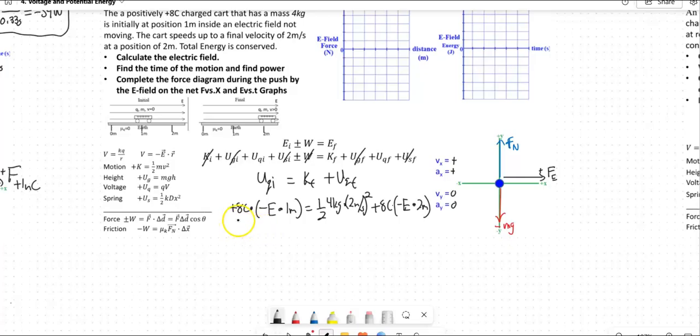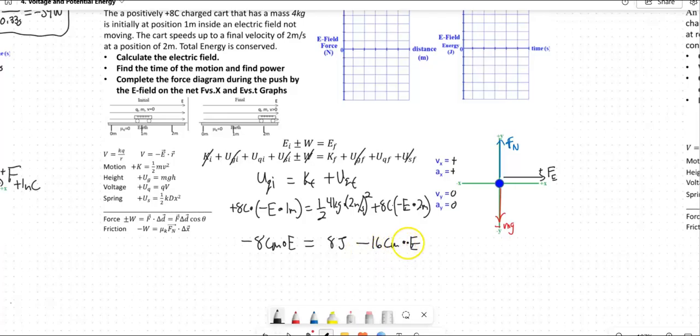All right, let's multiply some stuff out here. So this is going to be negative 8 coulomb meters times electric field. And this is going to be 4 times 4, 16. 16 divided by 2 is going to be 8 joules. This will be negative 16 coulomb meters times electric field.